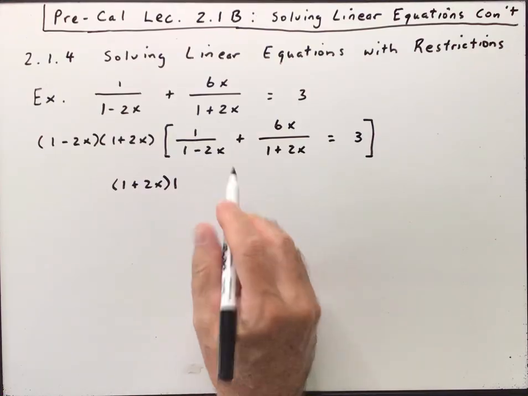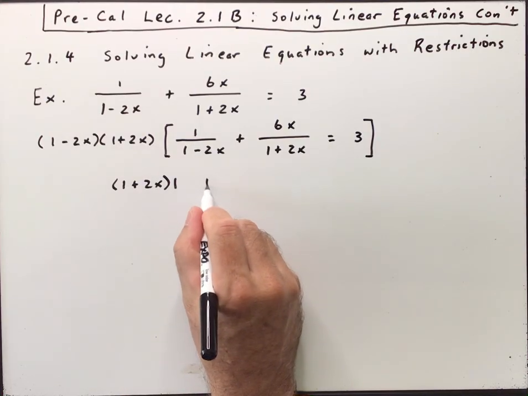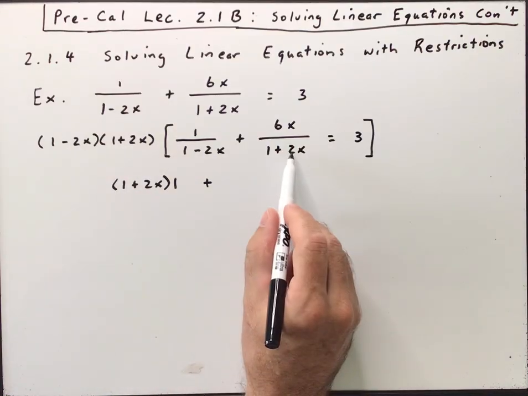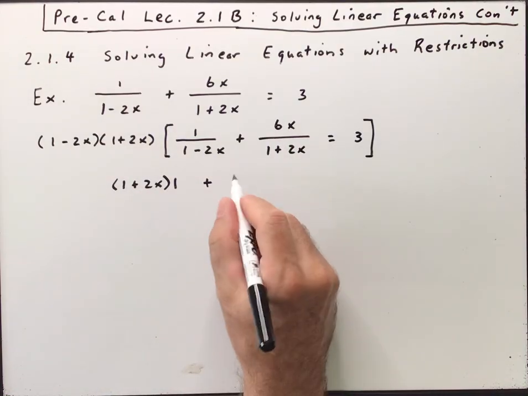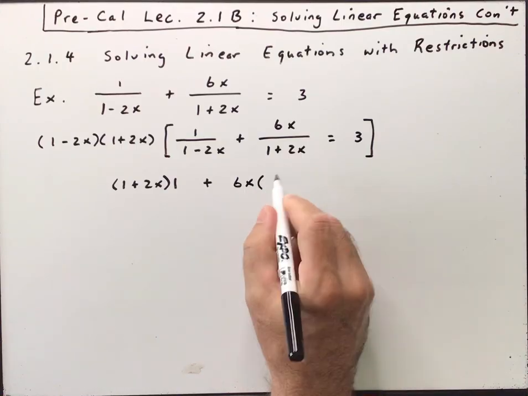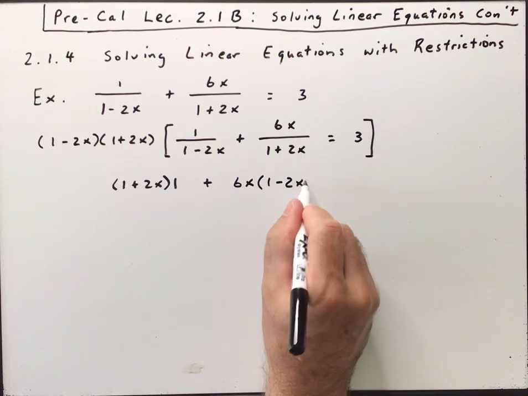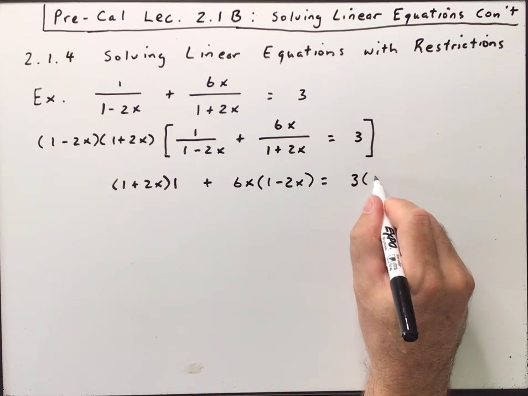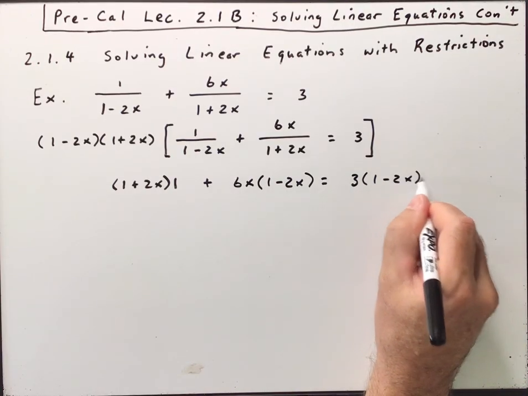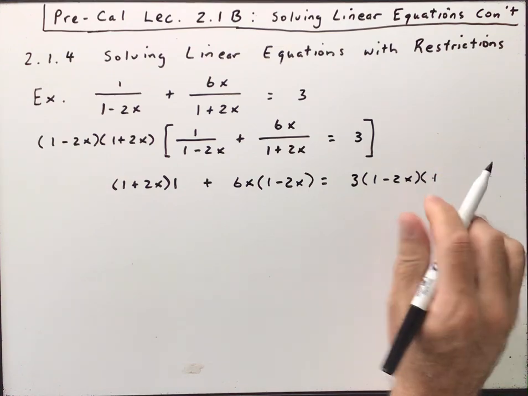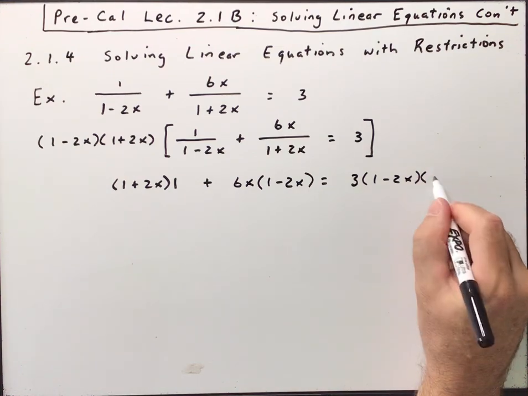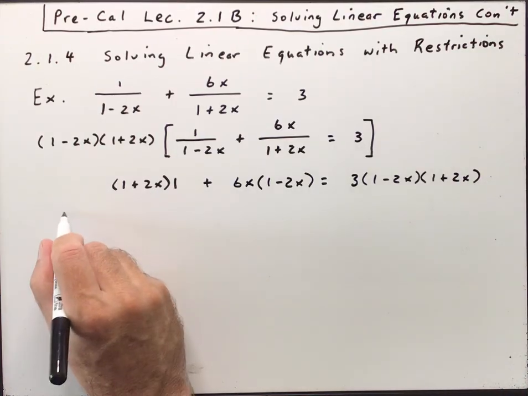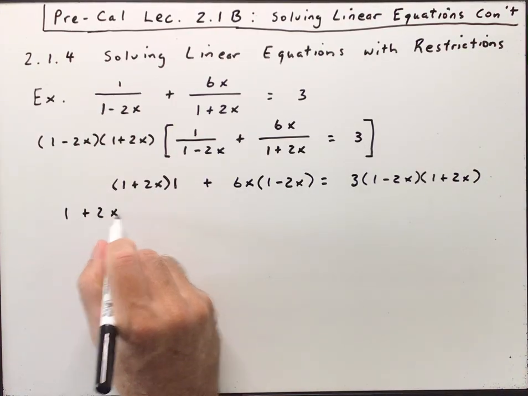I'm writing the 1 this time for illustrative purposes. For the second term, the 1 plus 2x over 1 plus 2x cancels, and you're left with 6x times 1 minus 2x. And then finally, we have to multiply that 3 by both terms, 1 minus 2x times 1 plus 2x.